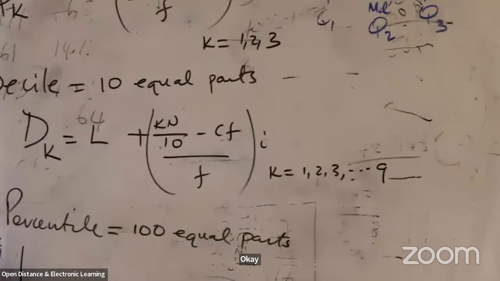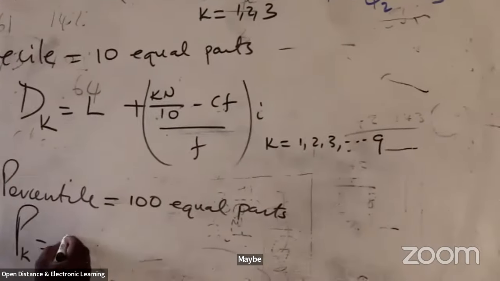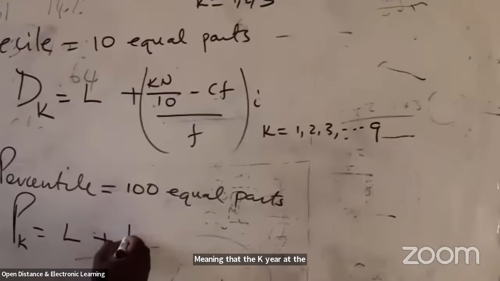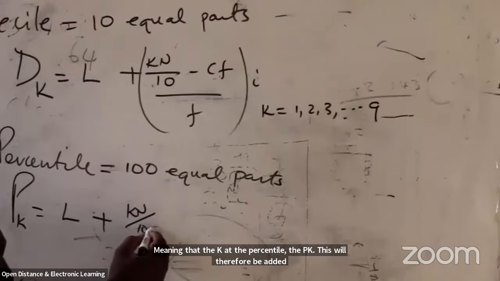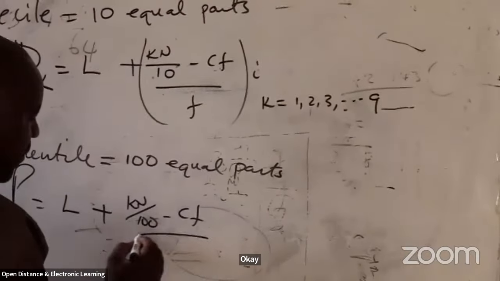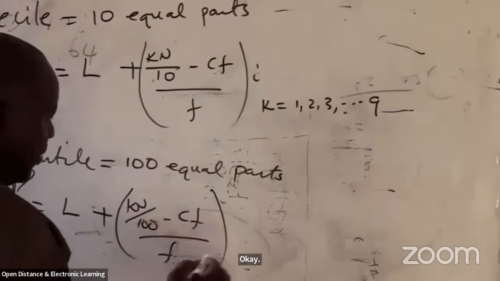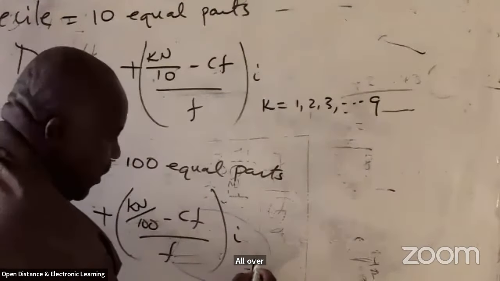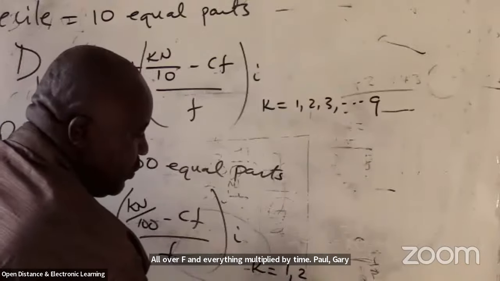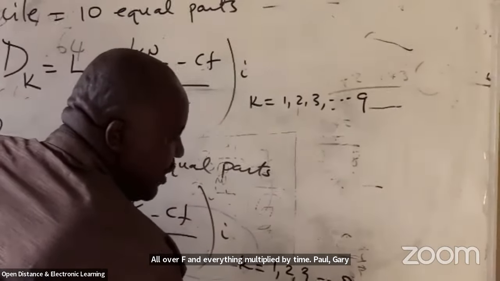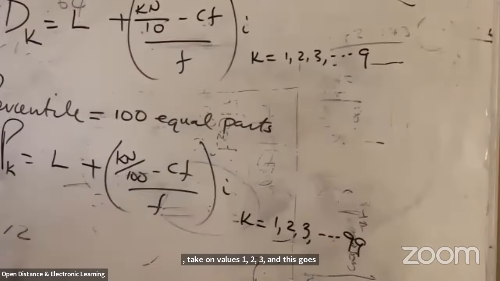Meaning that the kth percentile, the Pk, this will therefore be L plus kn over 100 minus cf all over f, and everything multiplied by I. For k takes on values 1, 2, 3, and this goes on up to 99.